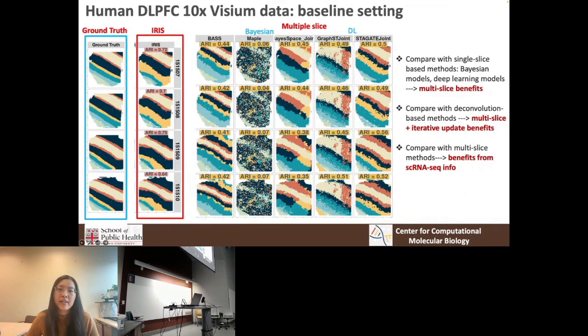The method we compare is BASS, which is a Bayesian method that can incorporate multiple tissue slices, but its computational burden is large, so it cannot deal with recently released high-dimensional data such as 10x Visium HD. And we also compare with other deep learning-based methods that can extend their framework to multiple slices. We found that IRIS still substantially performs better than all the other methods, which indicates the benefits of integrating the reference-based information to facilitate domain detection.